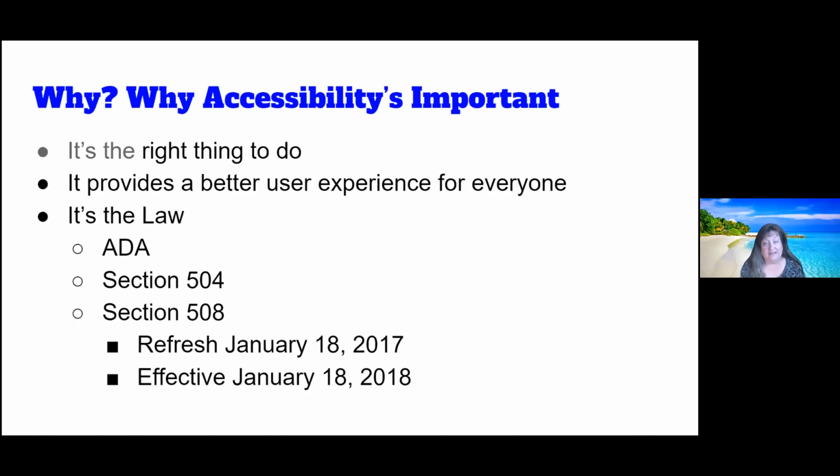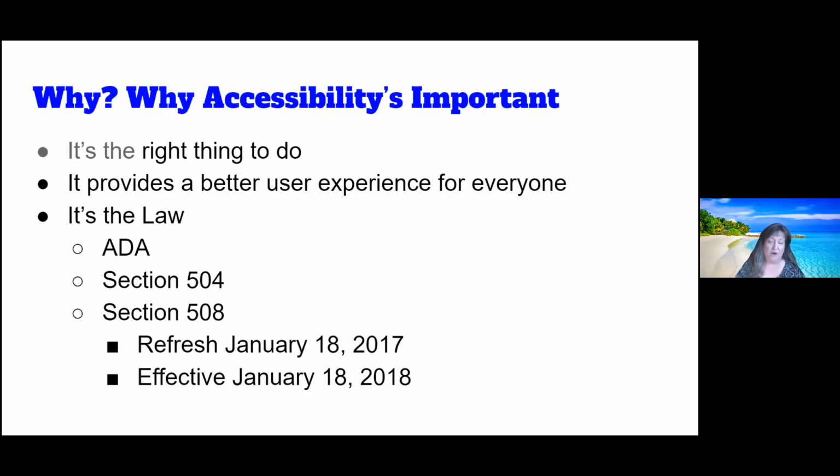So why is accessibility important? First of all, it's the right thing to do, and I think all of you are advocates for that. I believe, and that's why you're here learning more about accessibility. It also provides a better user experience for everyone. Also, finally, it's the law.